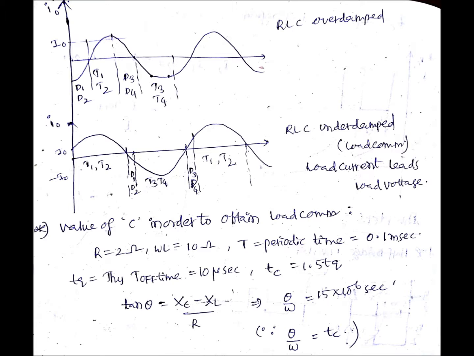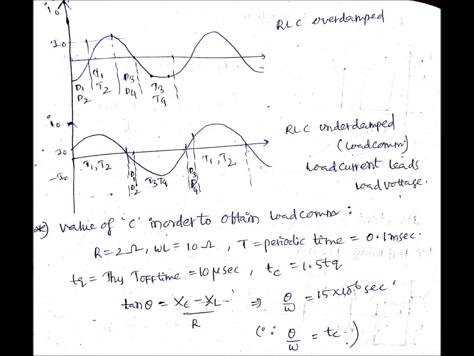Underdamped means load current leads load voltage. But if you observe in case of overdamped, the load current is lagging input voltage. That means inductive nature is more in case of overdamped, whereas in case of underdamped, capacitive nature is more. That means capacitance C is more.